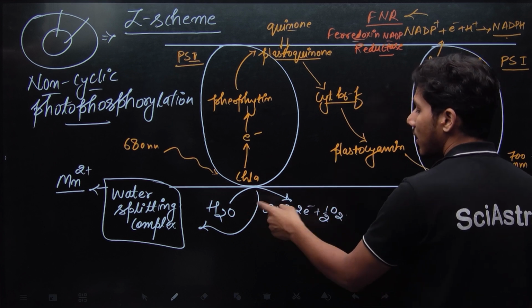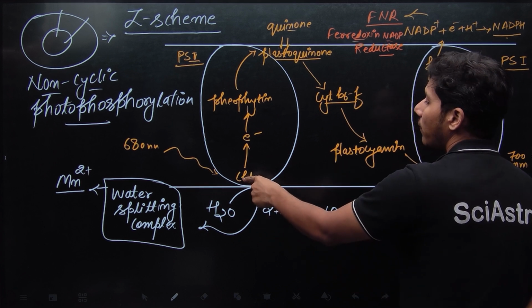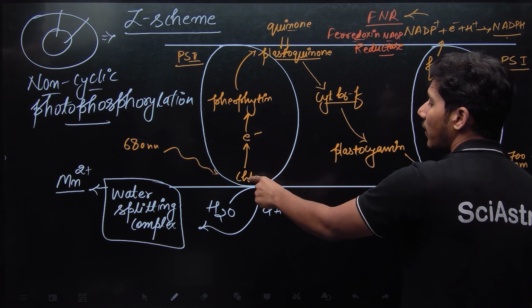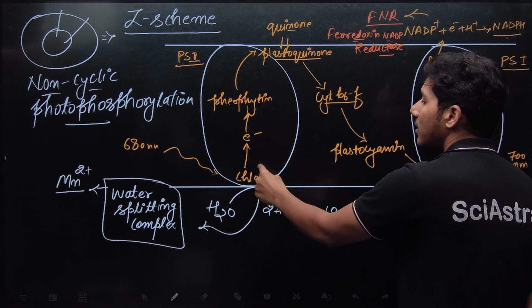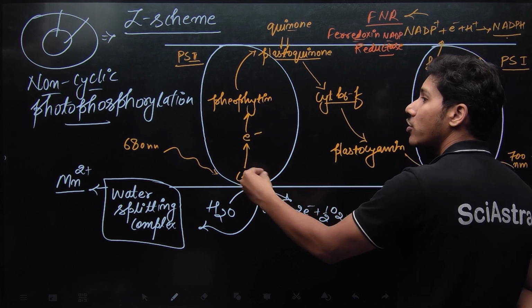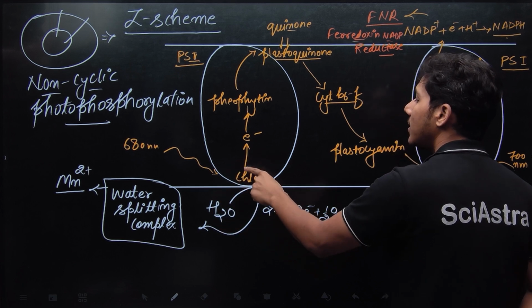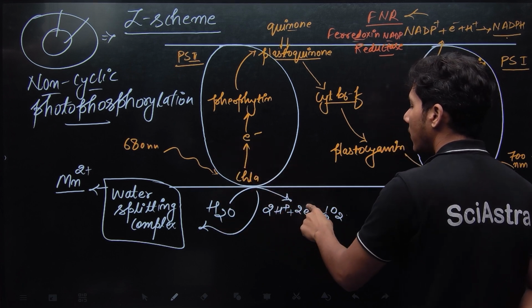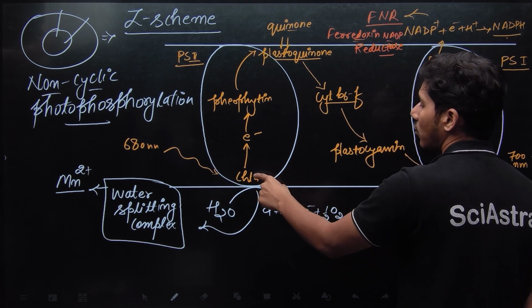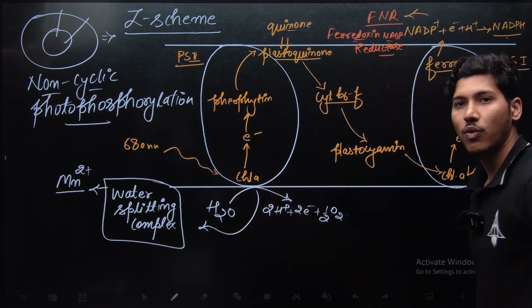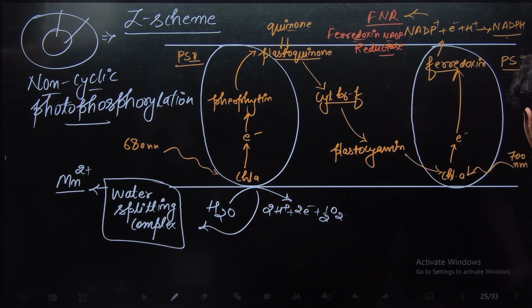Why do we need this system? Because once the electron of chlorophyll A is excited, this chlorophyll A becomes electron deficient. So it needs a constant supply of electrons, which is supplied by the electrons produced by the breakage of water molecules. Okay, clear?